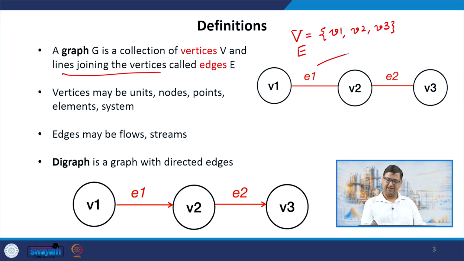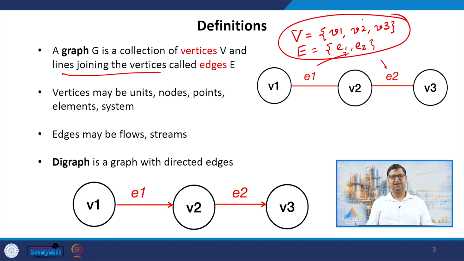In this case we have 2 edges, E1 and E2, and together this V and E constitute the graph G, right?